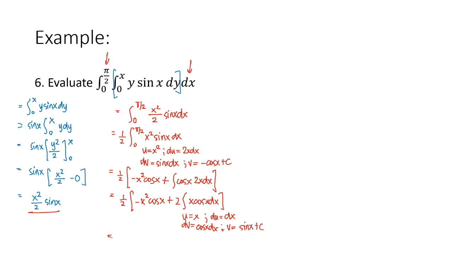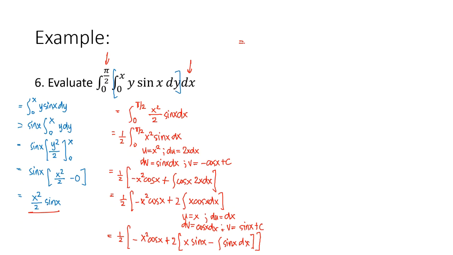Now rewriting, we have 1/2 negative x squared cos x plus 2 u and v sine x minus v, which is sine x. Then we have the du, which is dx. Okay, so we'll just continue it here.